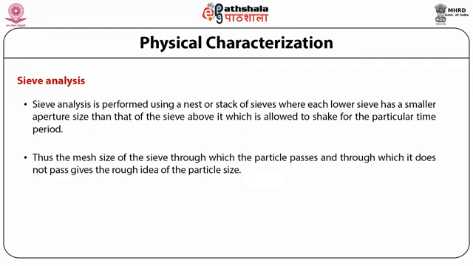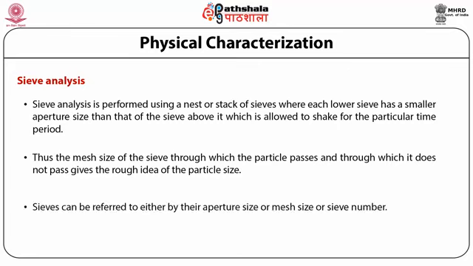Thus, the mesh size of the sieve through which the particle passes and through which it does not pass gives a rough idea of the particle size. Sieves can be referred to either by their aperture size or mesh size or by their sieve number.